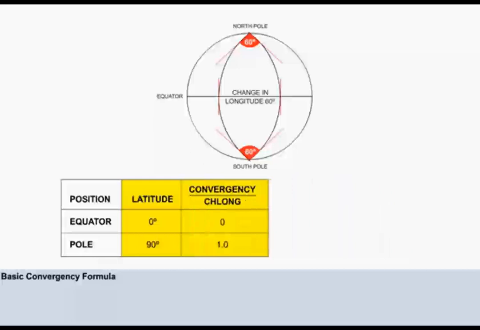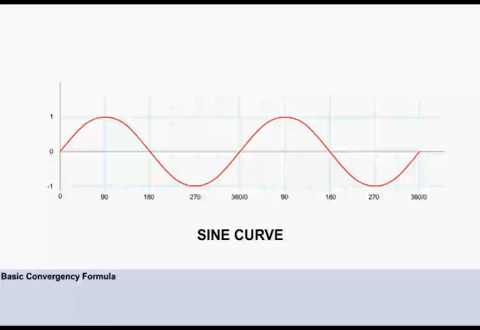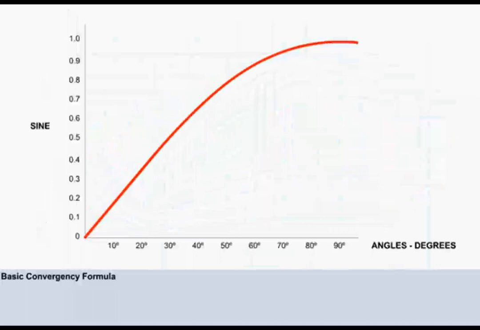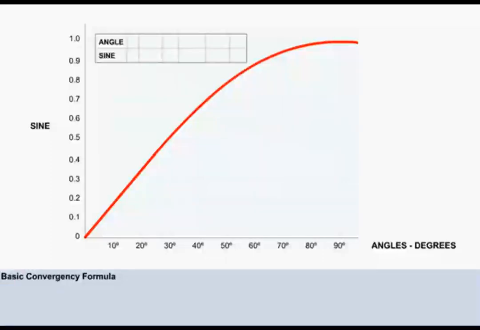Here is a sine curve. Let's look at some of the more common values of sines of angles, because these are the ones that frequently come up in questions on general navigation. The sine of 0 degrees is 0. The sine of 15 degrees is about a quarter.